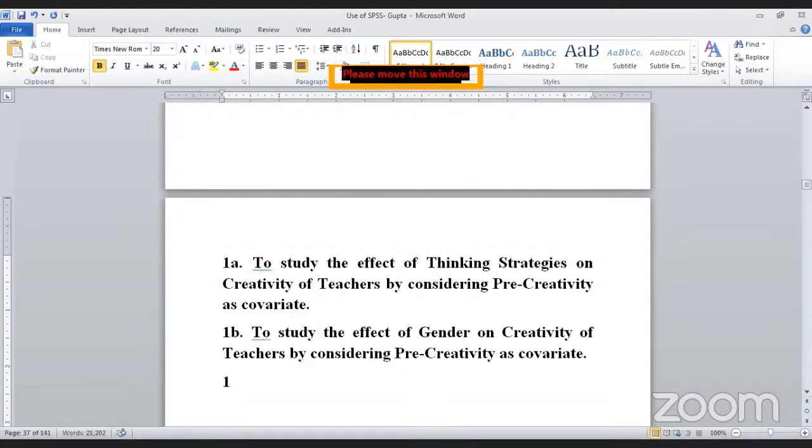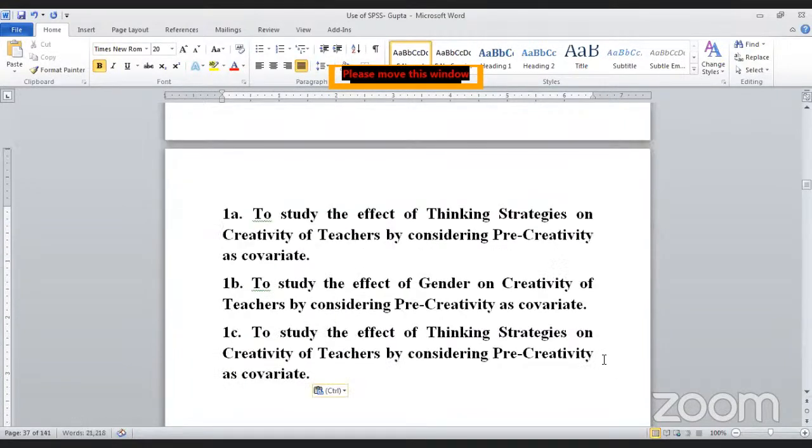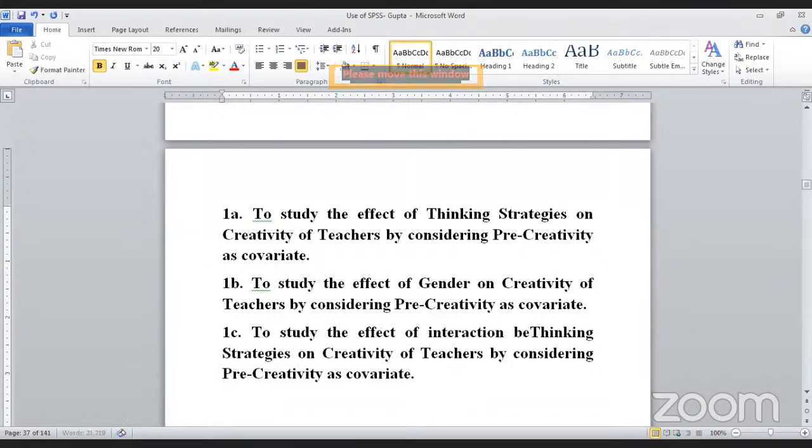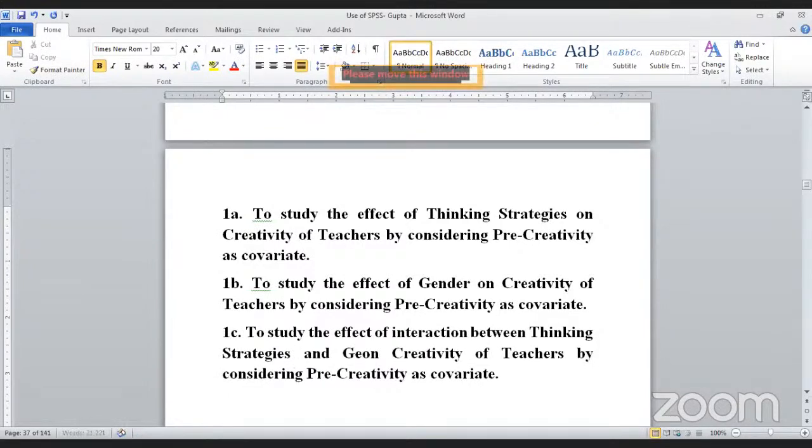And the third is to study the effect of interaction between thinking strategies and gender on creativity of teachers by considering pre-creativity as covariate.